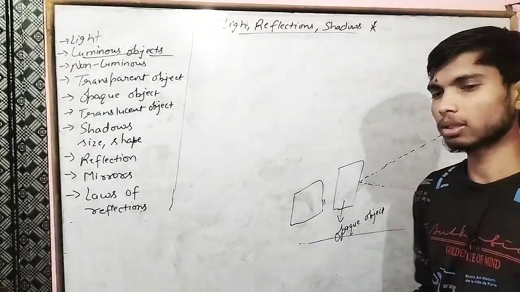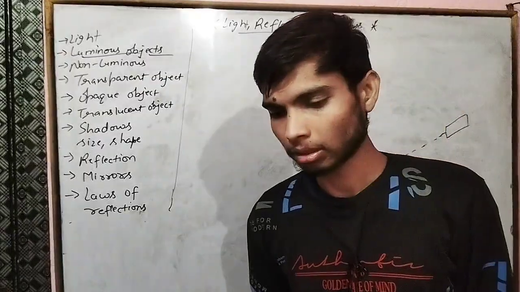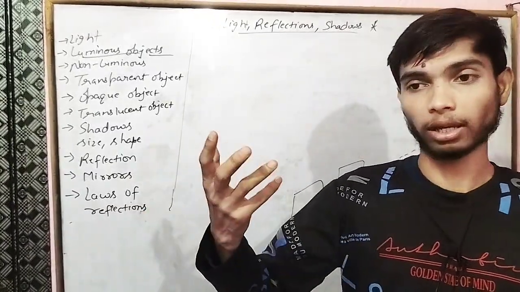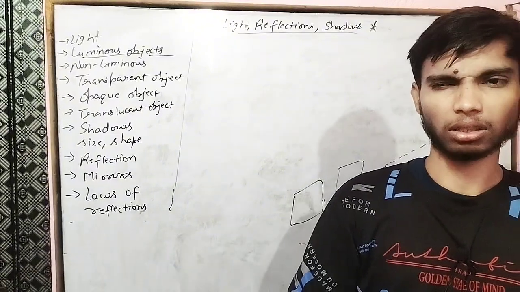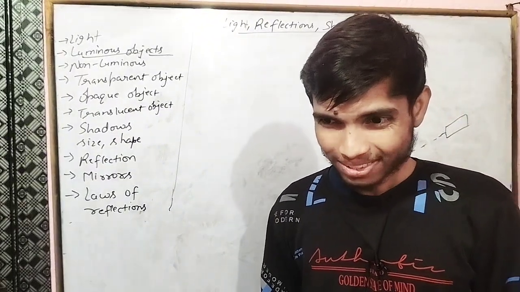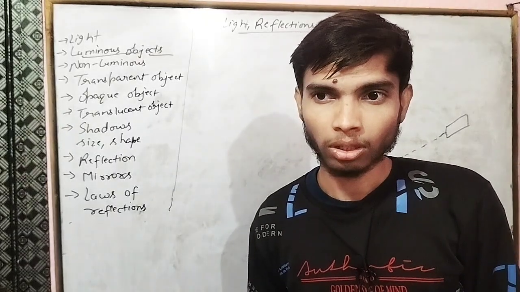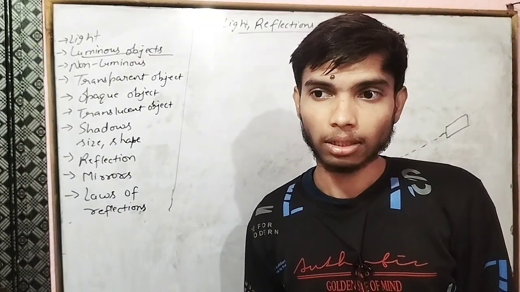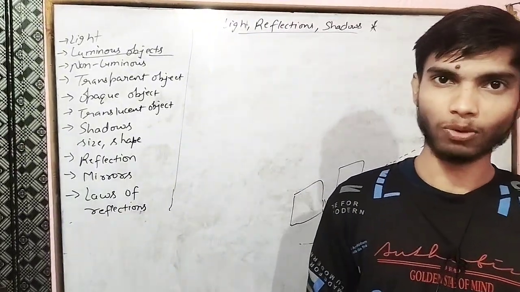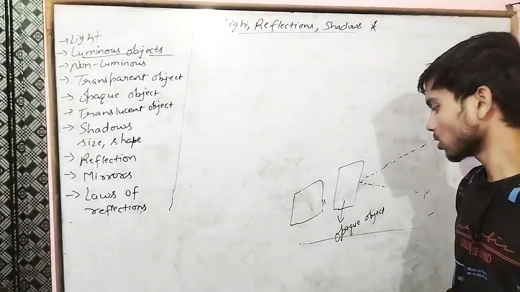Sometimes we see what we cannot explain, that this shadow is of an animal, this shadow is of that object. We cannot explain. It means shadow will not explain that this is a shadow of the original object.